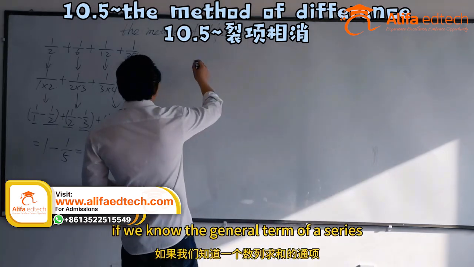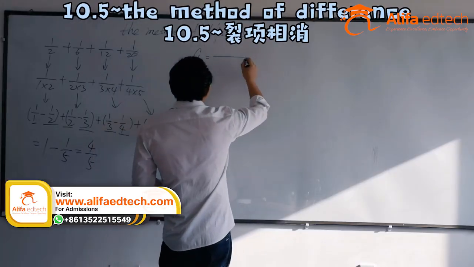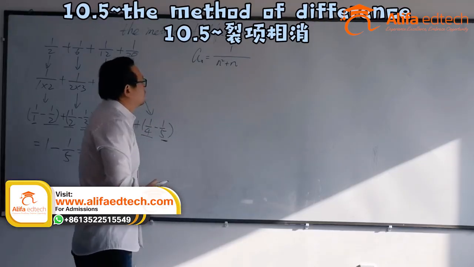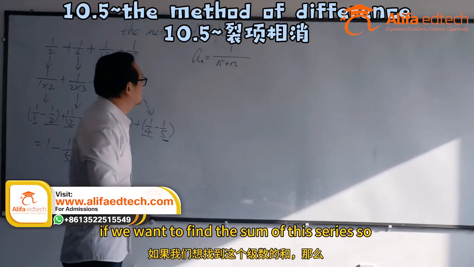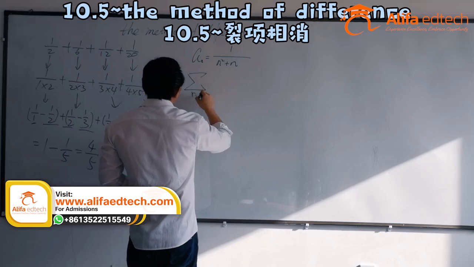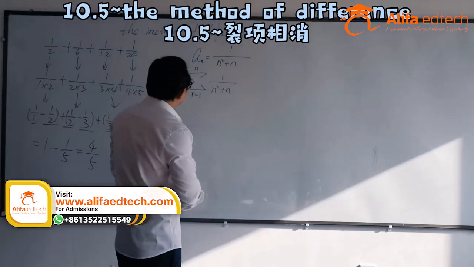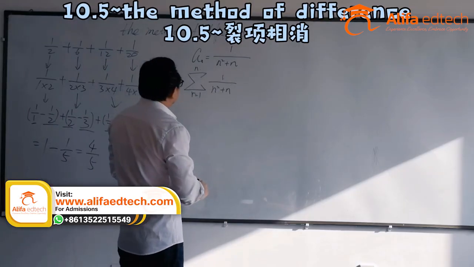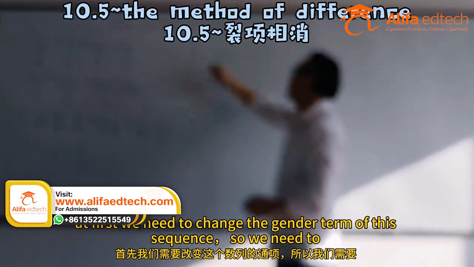If we know the general term of a series, and if we want to find the sum of this series, at first we need to change the general term of this.